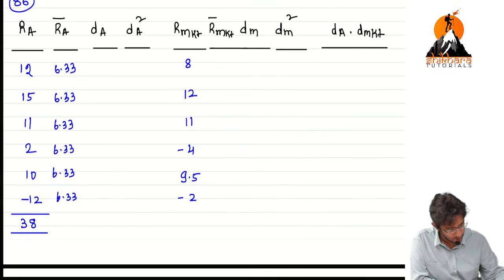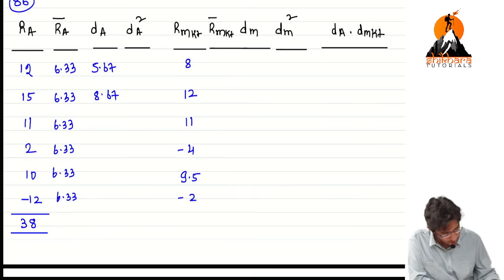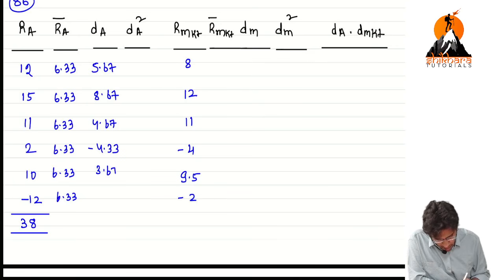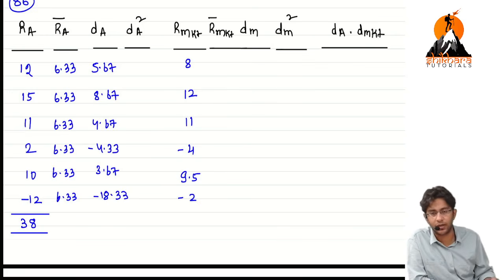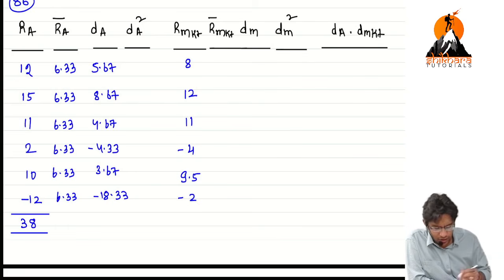Deviation: 12 minus 6.33. Now that this is past data, in the next fourth column I want the total alone, because I will not multiply with the probability of each square.